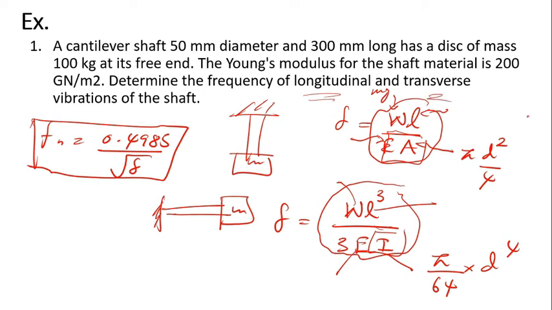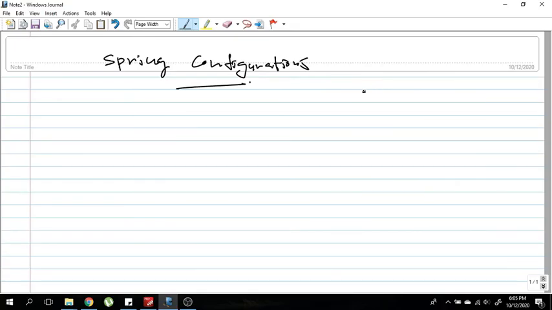Okay, so when it comes to mechanical vibration, you should know the types of spring configurations. There are mainly two types of spring configurations. We can categorize these two as series and parallel.